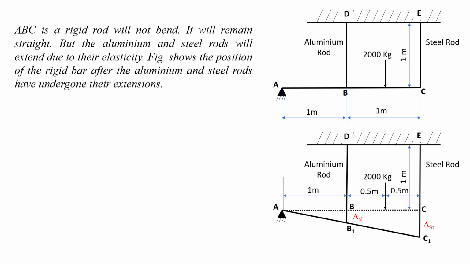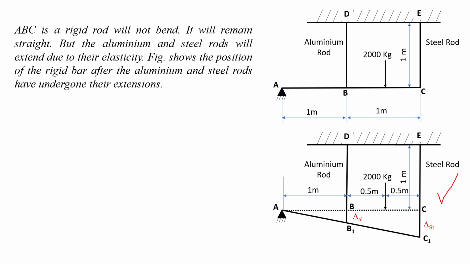So the second diagram represents the position of the rigid bar. AC is the initial position and it goes to AC1. It is the final position of the rigid bar after the steel and aluminium rods undergo their extension.